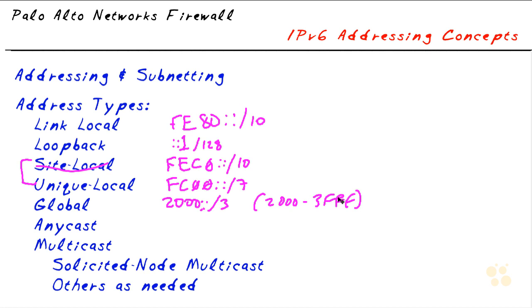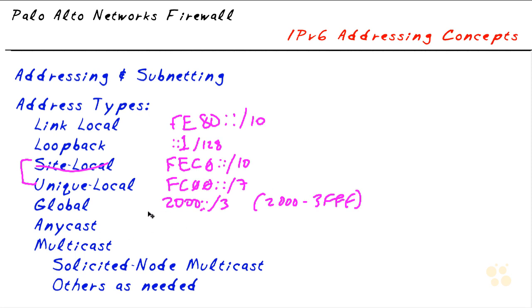So we have RIRs, or regional internet registries, like ARIN, like APNIC, like RIPE, that hand out public addresses to people. They'll do the same thing for IPv6 that they do for IPv4. This is the current range that we happen to be utilizing right now.